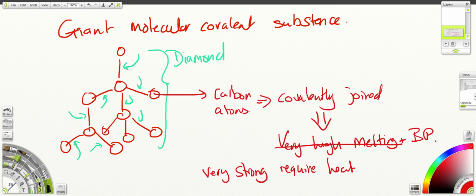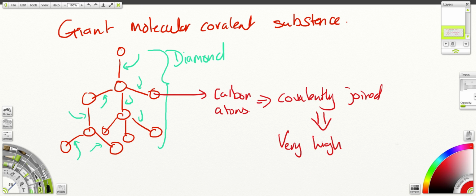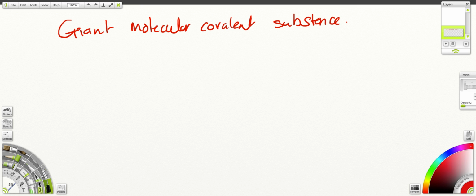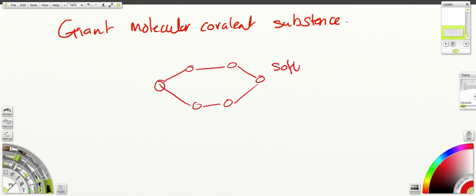Next, the second giant molecular covalent structure is graphite, i.e. your pencil lead. Your pencil lead is not made of lead; lead is toxic. It's made of graphite. Graphite is much softer, and it's made up of carbon atoms that are covalently joined together.